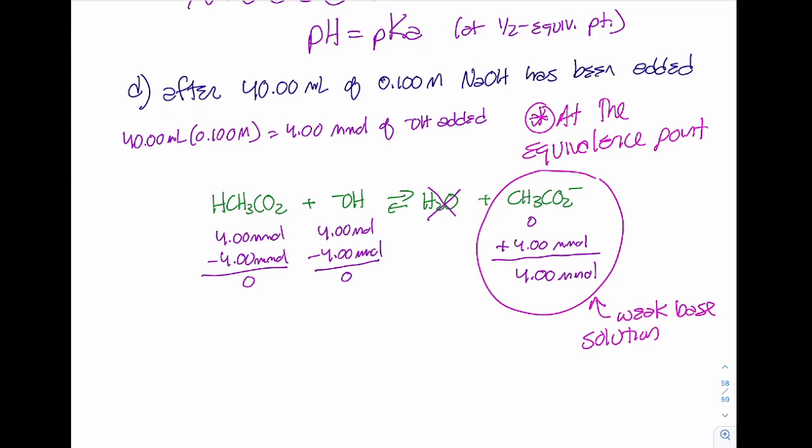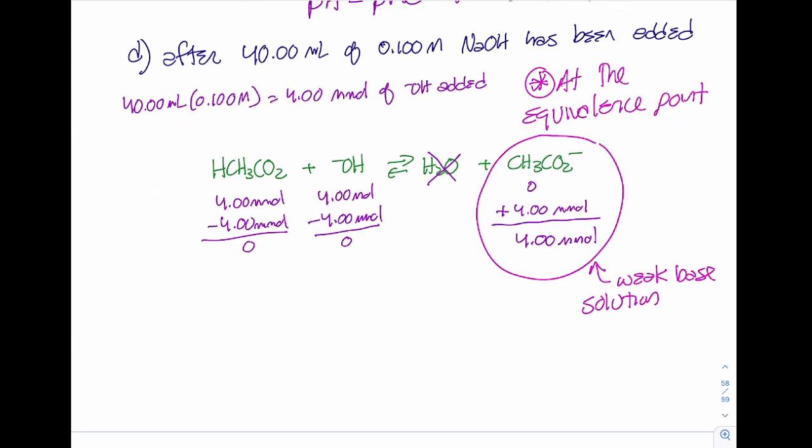So we're going to calculate the pH as you would for any weak base solution, meaning we're going to write our base dissociation equilibrium equation. We're going to make an ice table. We're going to set it equal to Kb. We're going to solve for X, which is my hydroxide ion concentration, and then figure out pH from that. So I have a weak base solution.